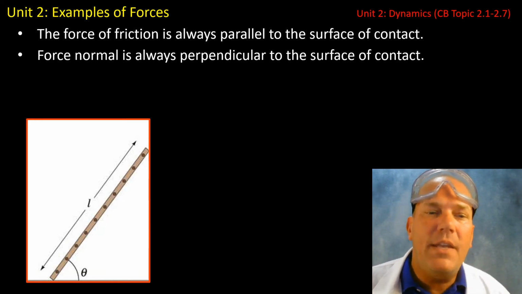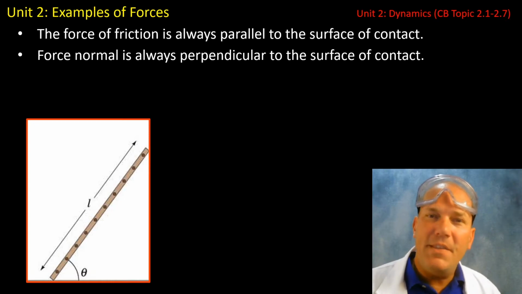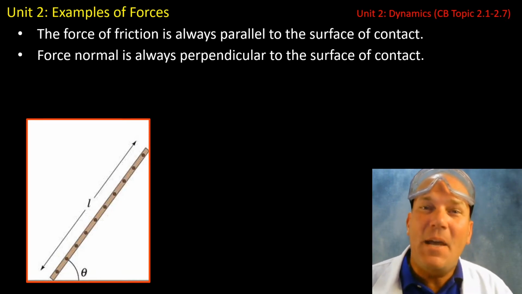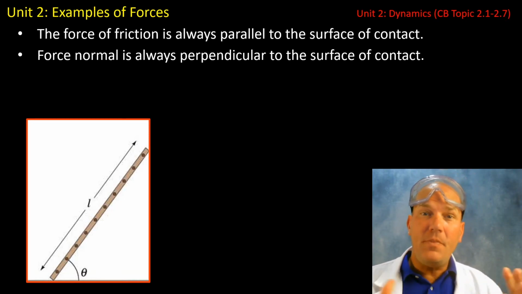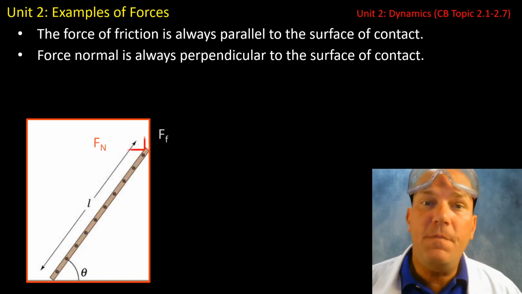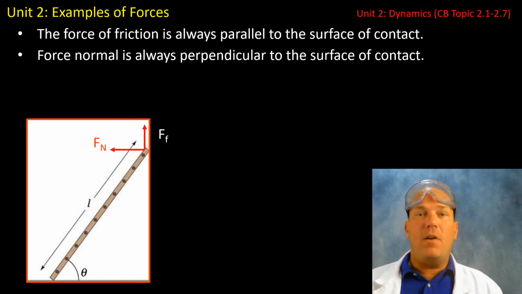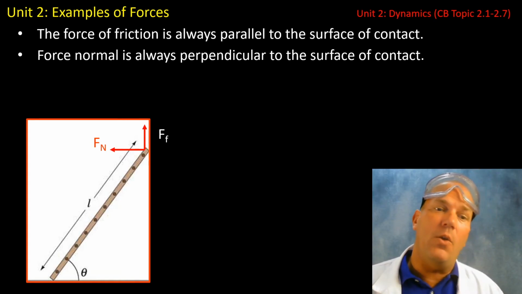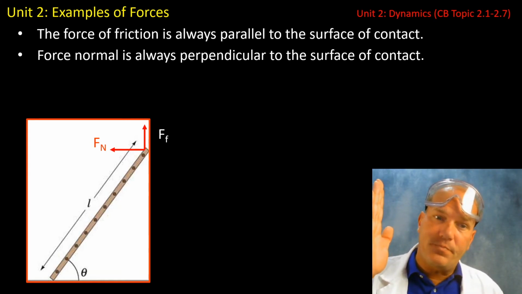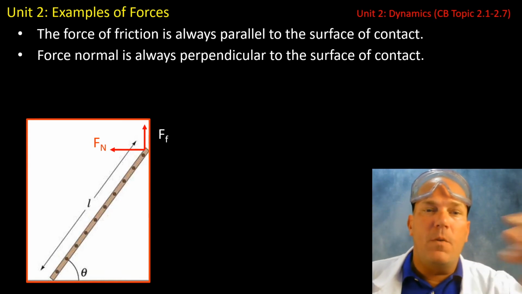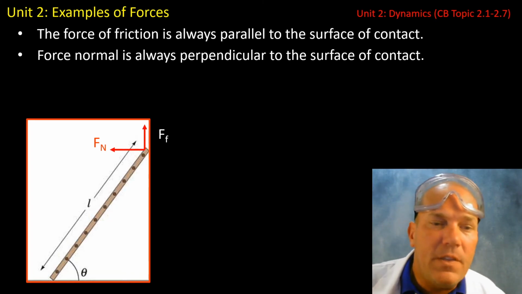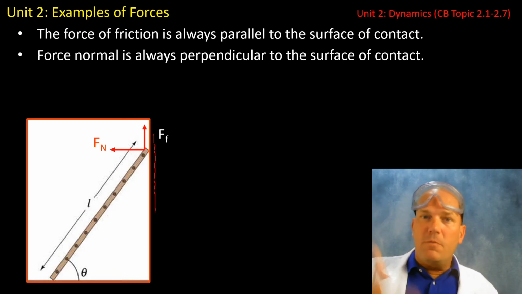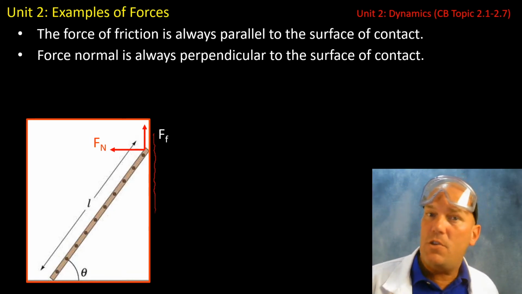So let's go ahead now and look at this. This is a ladder leaning up against a wall. So things are a little different here because we have our force of friction actually going up the wall. Well, remember, force of friction is parallel to the surface, and this is the surface of the wall here running vertically. So that should make sense.